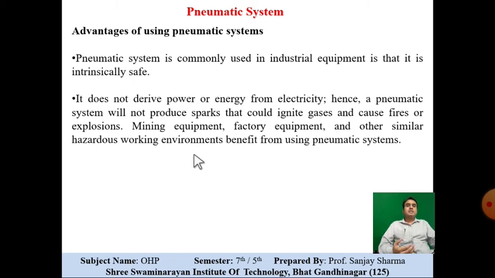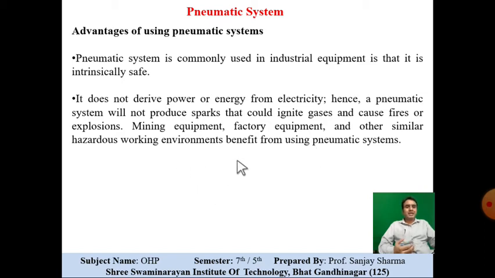It does not derive power from electricity, hence a pneumatic system will not produce sparks that could ignite gas and cause fire or explosion. Mining equipment, factory equipment and other similar hazardous working environments benefit from using pneumatic systems.